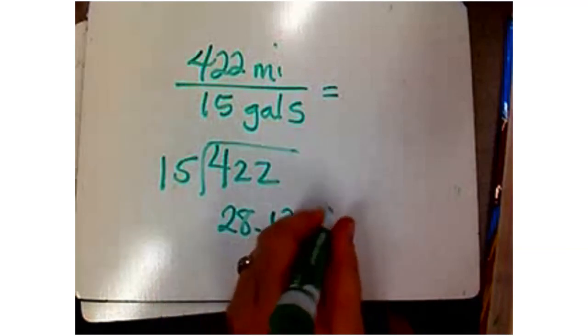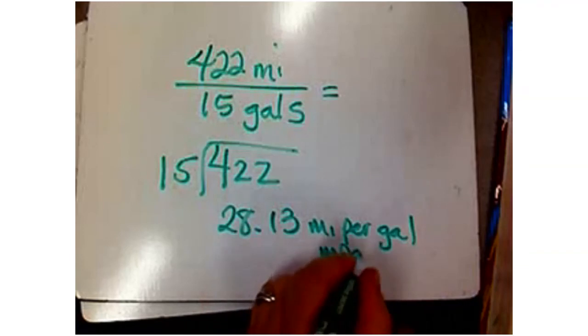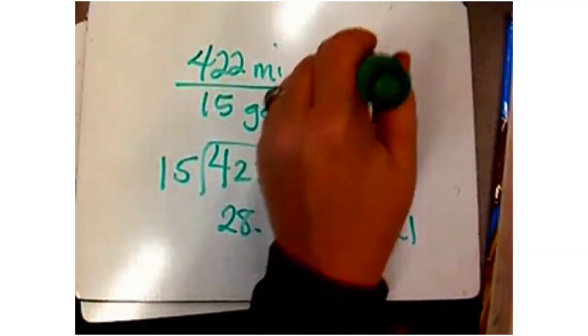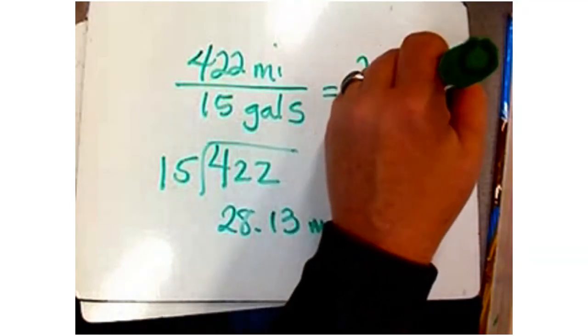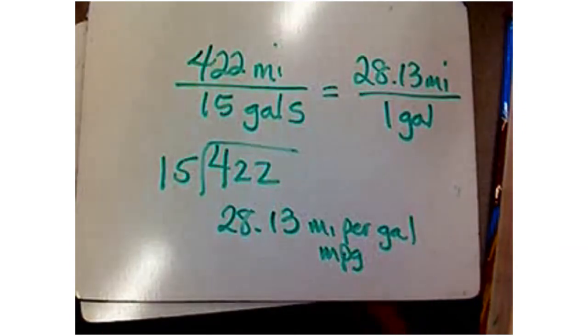You could say miles per gallon, or you could say mpg. Oftentimes we use that as a unit indicator. Or you could write 28.13 miles all over 1 gallon as a rate. And then they go on to have you solve another one in that problem and then compare, so you can decide who has a better miles per gallon rate.